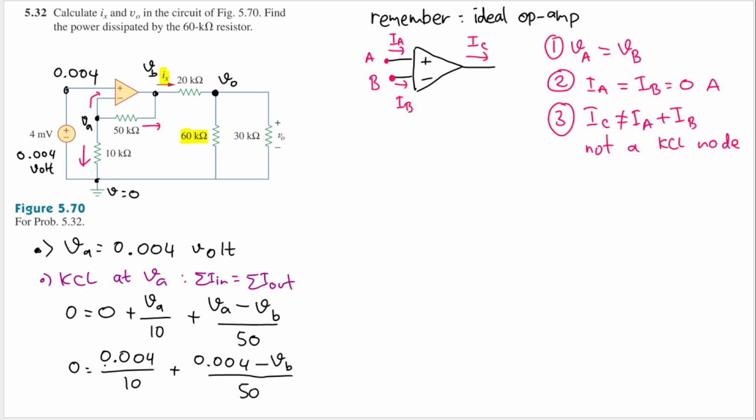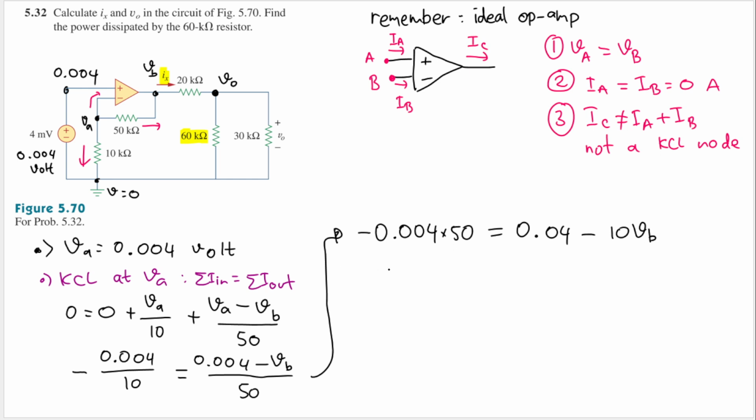Let's move this to the left hand side. So I will have a minus on here. We can cross multiply. So I will have minus 0.004 multiplied by 50, and that will equal 0.04 minus 10 VB.